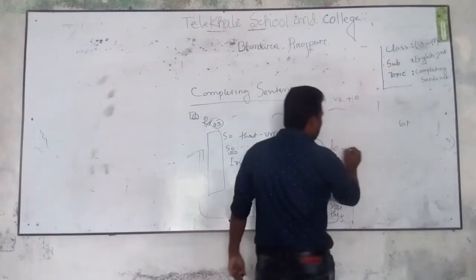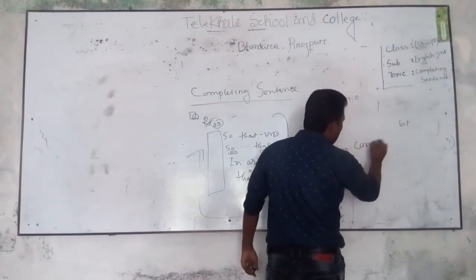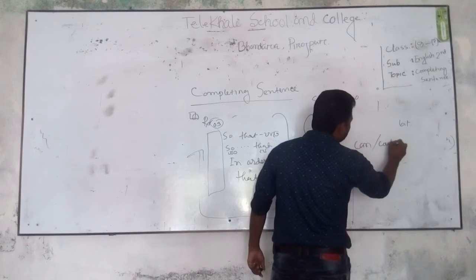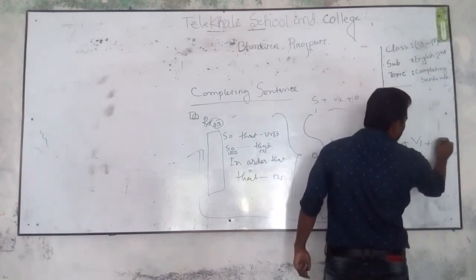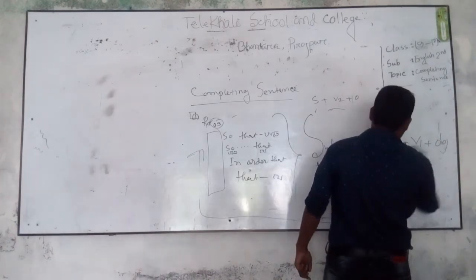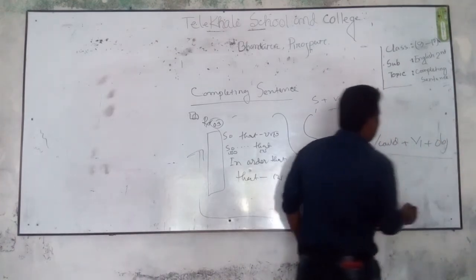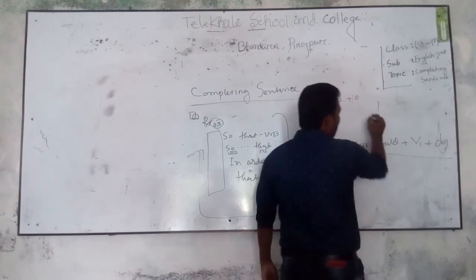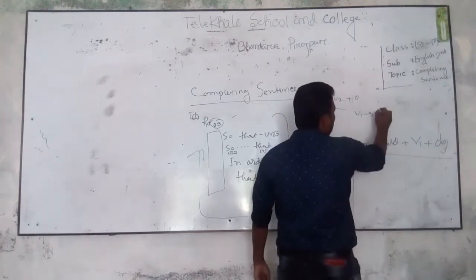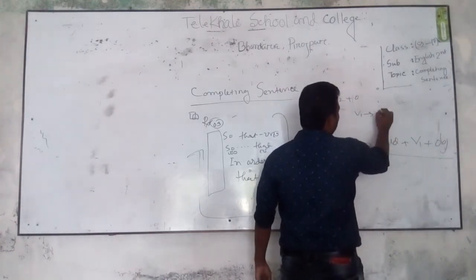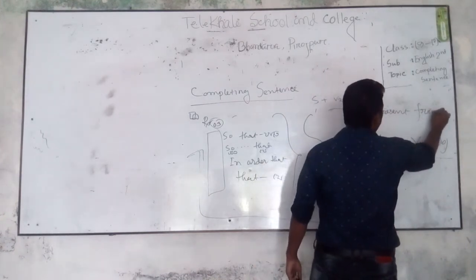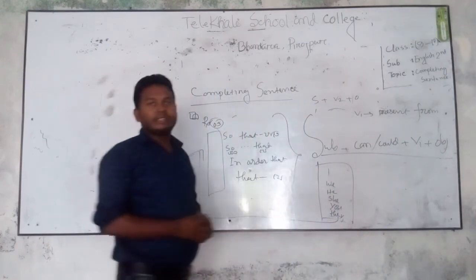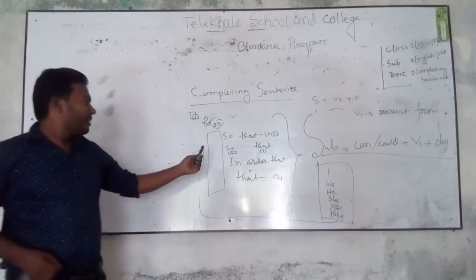And subject plus can or could plus verb one, that means base form, present form, and others. So students, this is the most important rule, I think.